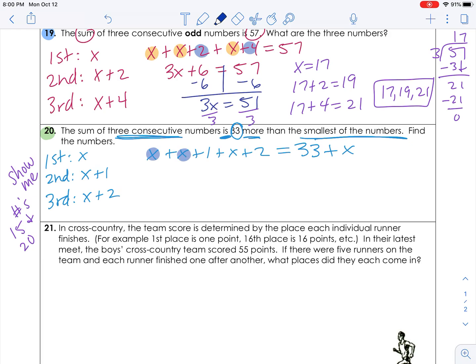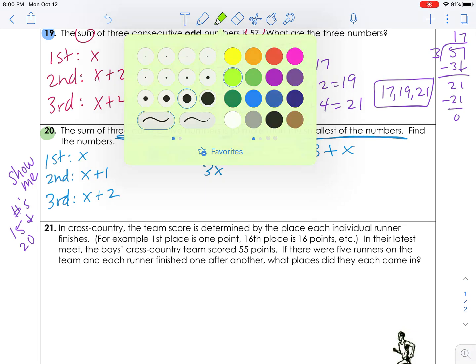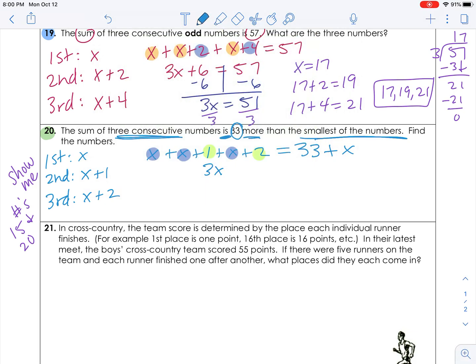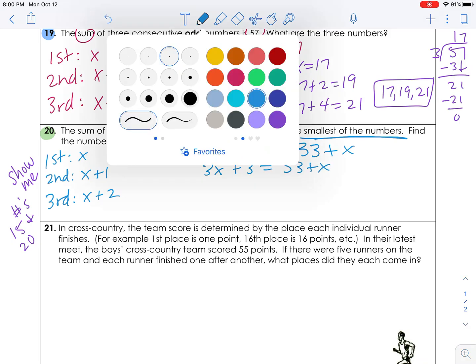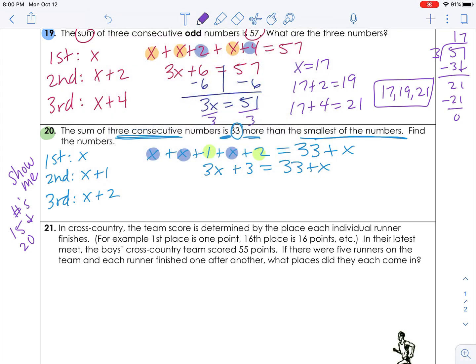So over here on the left-hand side, I have 1, 2, 3 x's, so that's 3x. And I also have 1 plus 2, which gives us 3. So 3x plus 3 equals 33 plus x. So now we need to find x by subtracting x from both sides. 2x plus 3 equals 33.